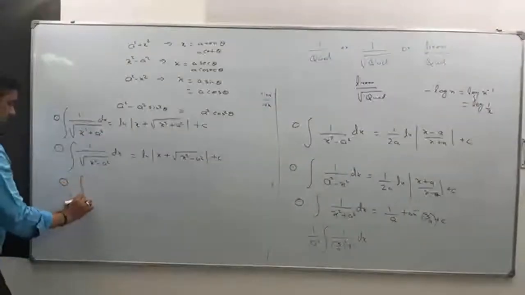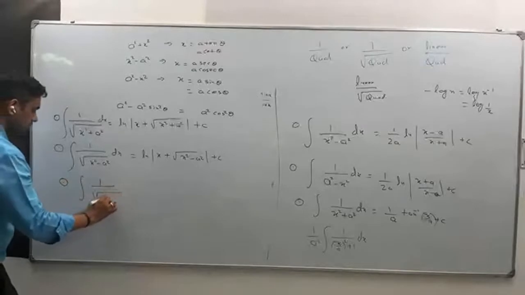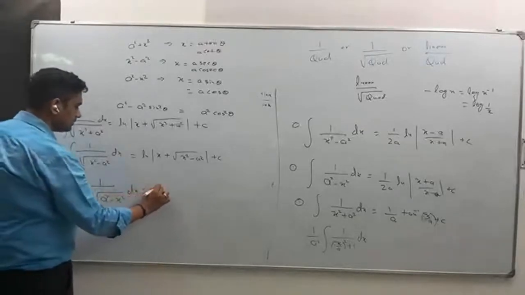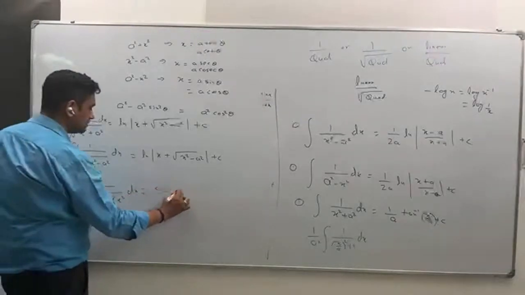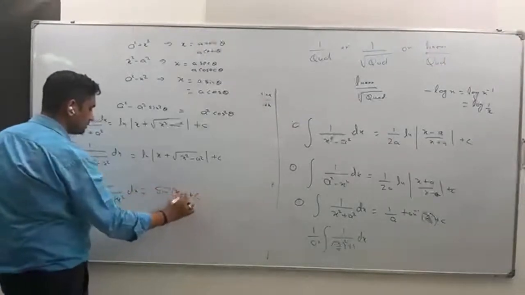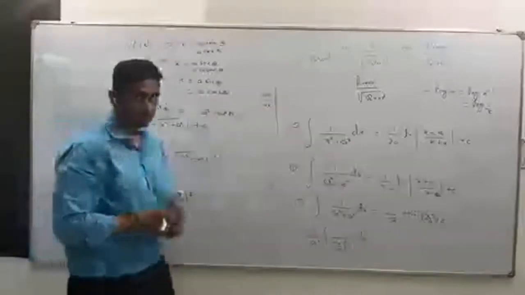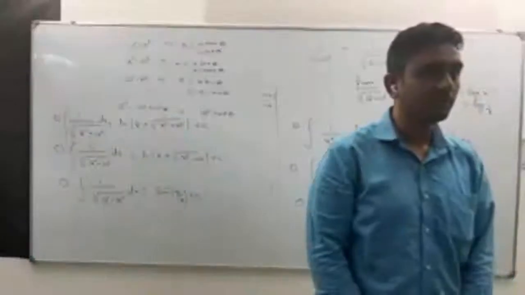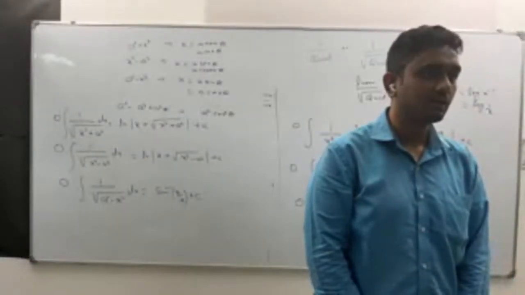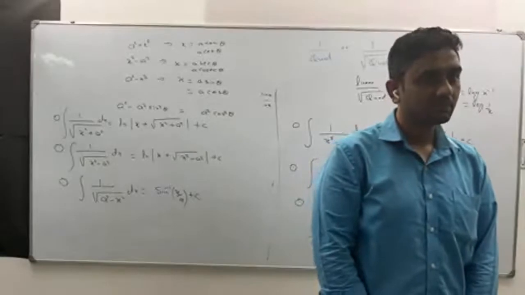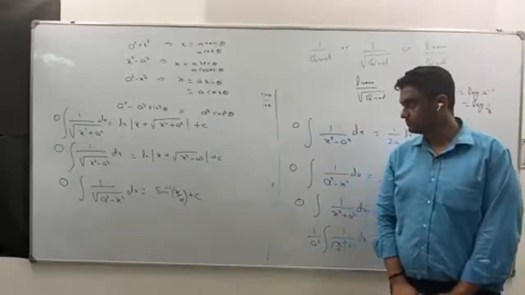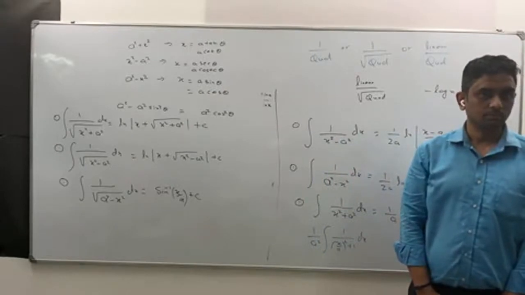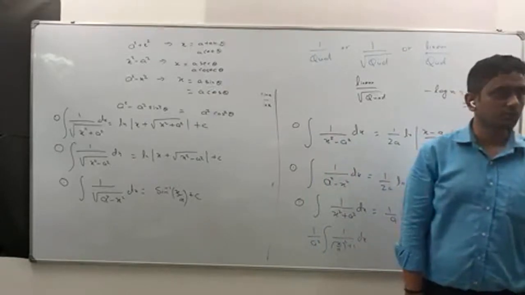And finally, you have the integral of 1 by root over a square minus x square dx. This will be sine inverse of x by a plus c. So if you know these six formulas, you have about a 70% probability of doing indefinite integrals correctly. The entire 7.4 is this. That's it.